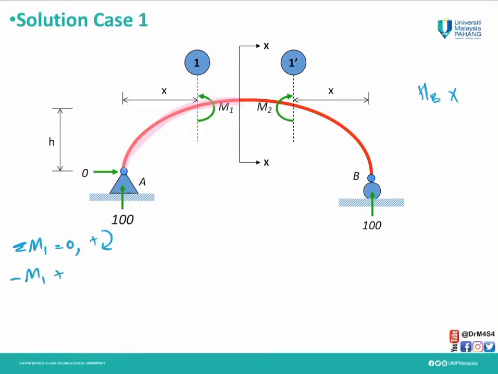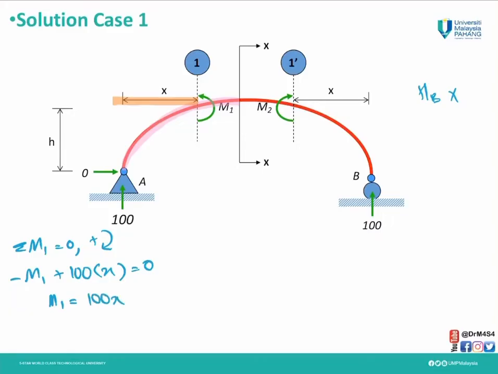And we know we have a force of 200 at the middle, so 100 on support A and 100 of vertical reaction at support B. So 100 times x, at any x distance from support A, equal to 0. So we get our M1 equal to 100x.